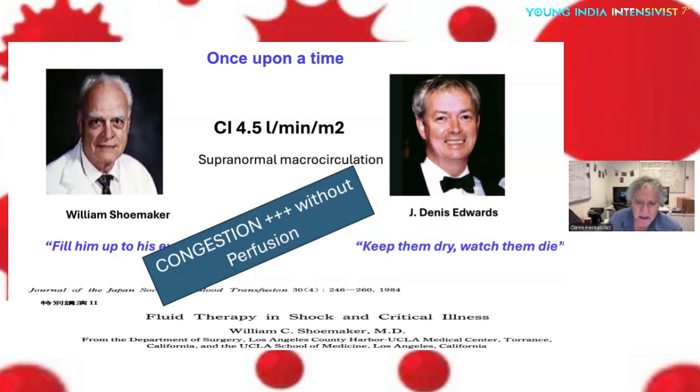In the past, 30 years ago, Professor Shoemaker, Denis Sega, etc., in the early years of protocolized resuscitation, proposed that maybe getting a supranormal microcirculation with a cardiac index of 4.5, etc., could push reperfusion via a supranormal flow. And this could get to the tissues.